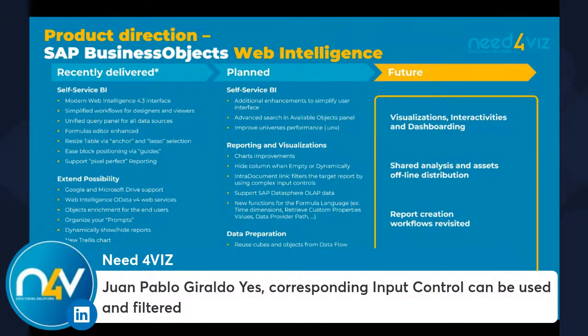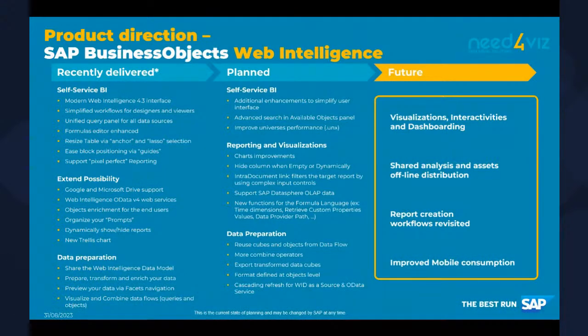On top of that, you have additional user interface enhancements as part of the self-service BI, some cumulative things, and reporting and visualization. We have some chart improvements, hide column when empty or not, dynamically or not, some intra-document link filters. Intra-document link is the ability to navigate from one report to another report. There is a link that you can create for that. Now the link will support not only the simple input control, but also the complex input controls.